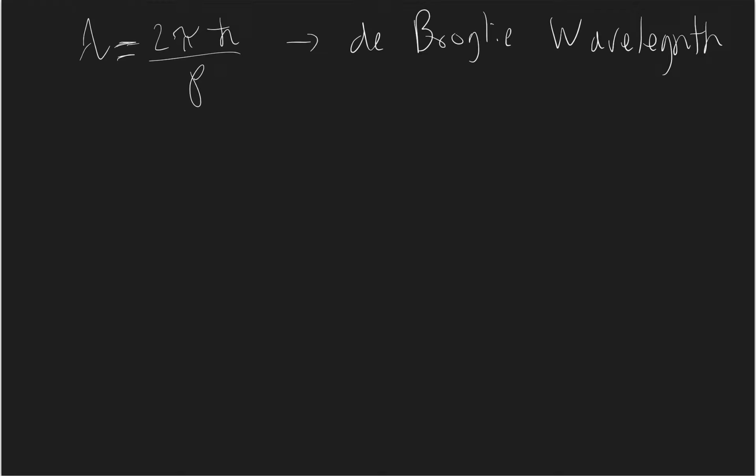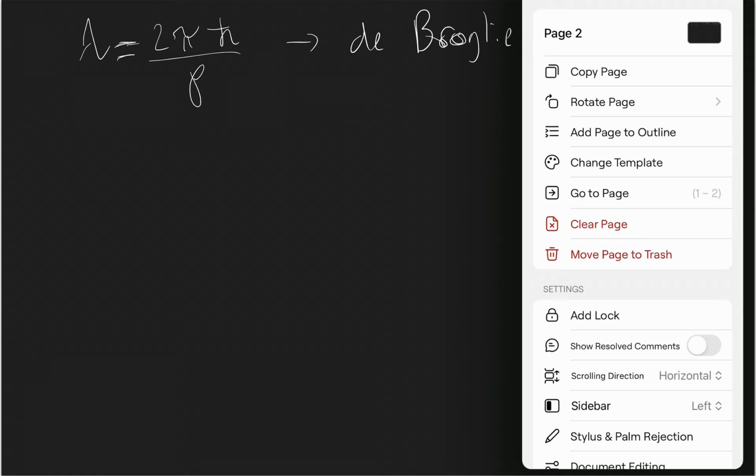Okay, this is what we call the de Broglie wavelength. That's really all you need to know. So this is a very practical kind of start on the Schrodinger equation.